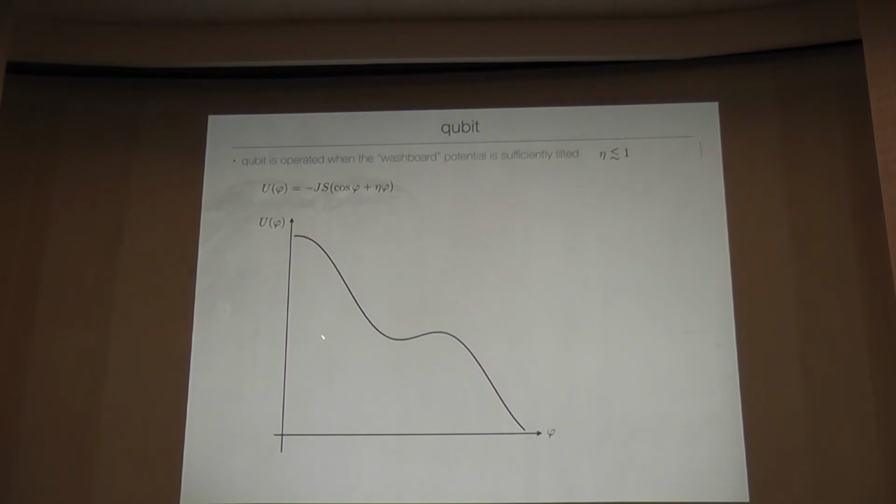In that case, the washboard potential is sufficiently tilted, and we can find the plasma scale for the harmonic oscillation within one of the minima. That plasma frequency scale is set by the geometric average of the anisotropy energy scale times the exchange coupling to the fixed ferromagnet, K times J. And the energy barrier is set by the exchange coupling to the fixed ferromagnet.